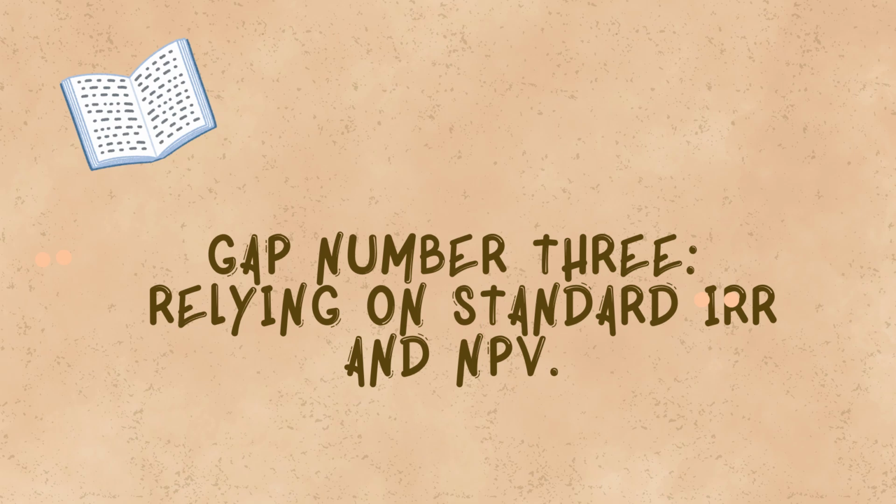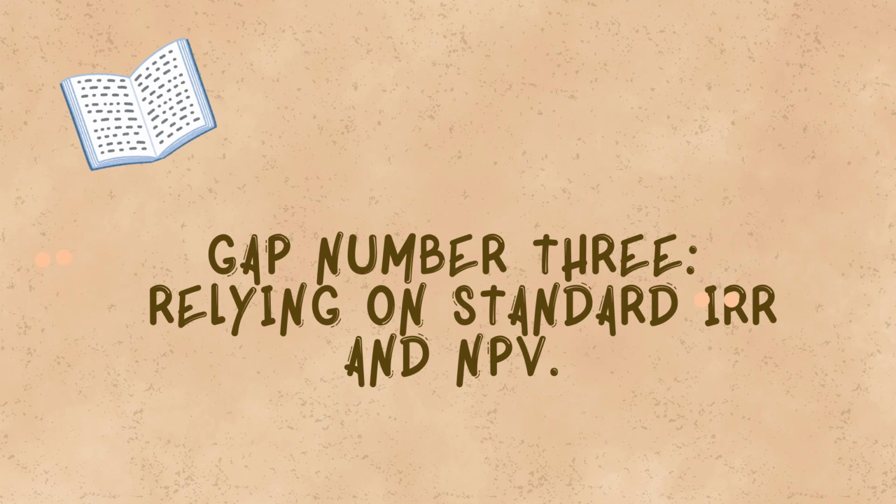Gap number three, relying on the standard IRR and NPV. In class, you learn the standard mathematical formulas. In an office, you use Excel, right? But if you tell an interviewer you'll just use the regular IRR formula, you're missing a crucial detail.